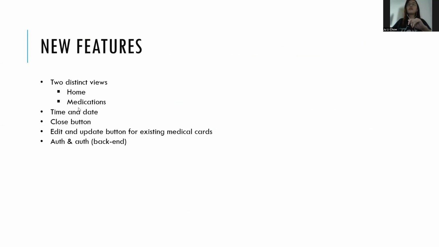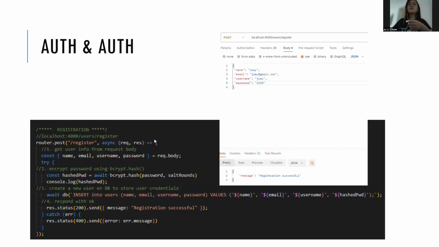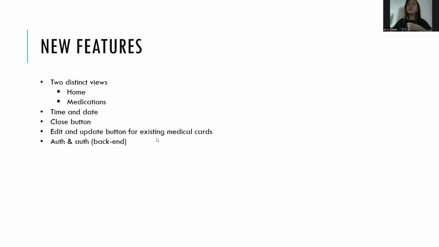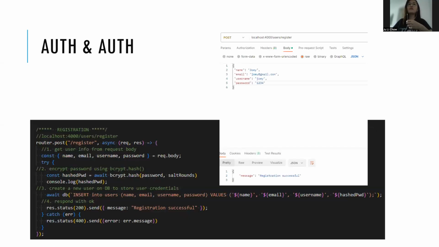Another was time and date, a close button for the modal pop-up, you will see later, and an edit or update button for the existing medication cards. Another thing I managed to work on only partially was the authentication and authorization, only on the back end.